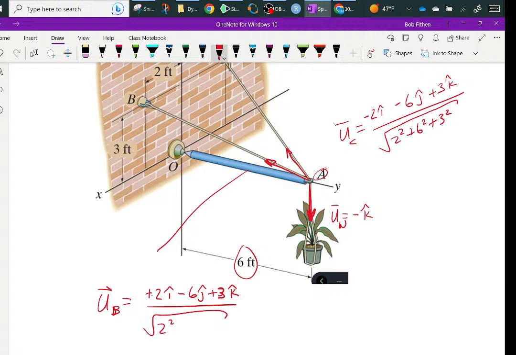Square root of 2 squared plus 6 squared plus 3 squared. So that vector, you go back 6, you go out 2, and then you go up 3. And that's how you get that vector. So this is the unit vector there.